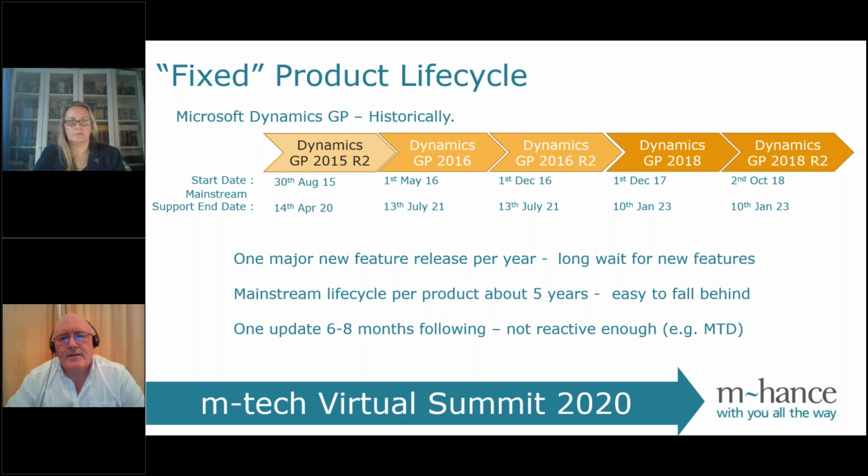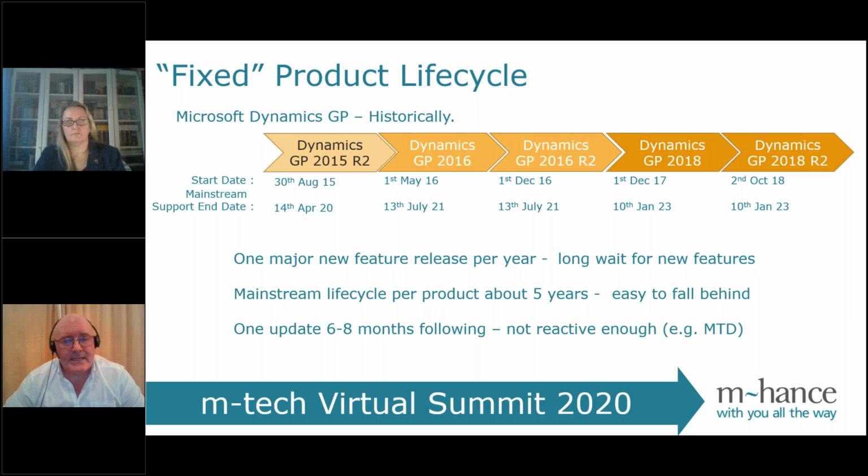So the chances are you'd need quite a big upgrade. So it was easy to fall behind. Because the updates only came out every 12 months, there'd often be a long way for new features. And the other thing which was an observation that Microsoft made is when there was some sort of legislative change, because there would be only one update sort of 6 to 8 months later, it didn't make the product terribly reactive.